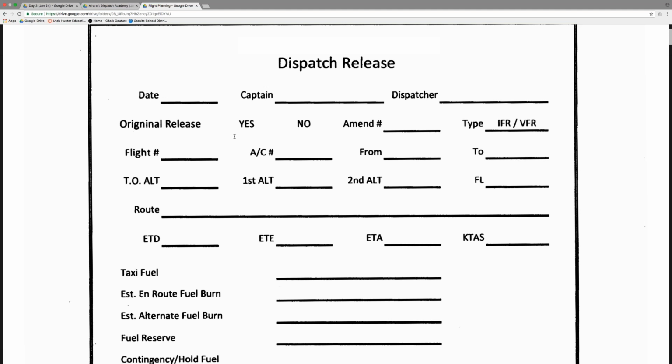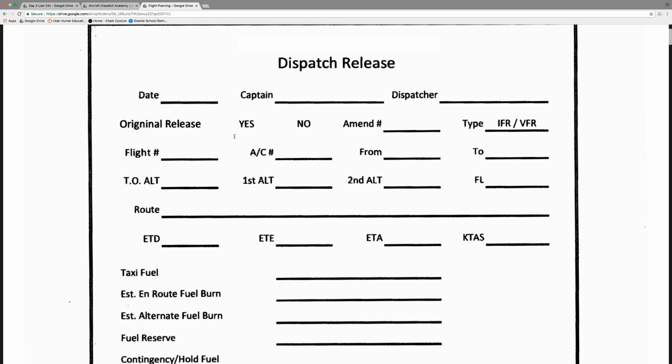But let's say the airplane is there. We send that dispatch release over 60 minutes before the flight start time, and then in that 60-minute window before the flight departs, all of a sudden we get a forecast that states that now we require an alternate airport.